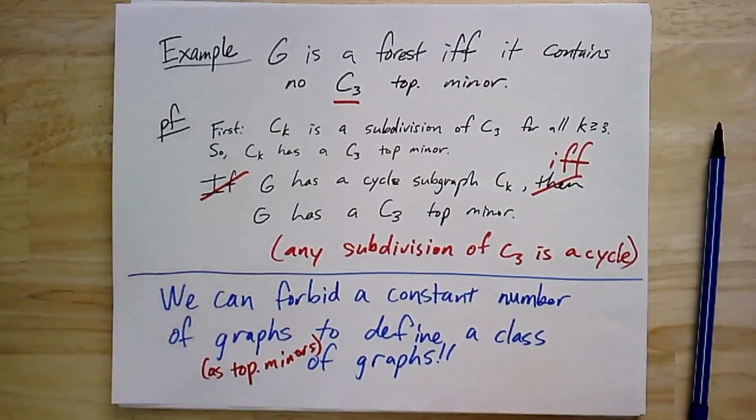All right. So you have probably guessed at this point that, as I've defined these two graphs, K5 and K33, as important graphs for planarity, it is going to turn out that a graph is planar if and only if it doesn't have K5 or K33 as a topological minor.